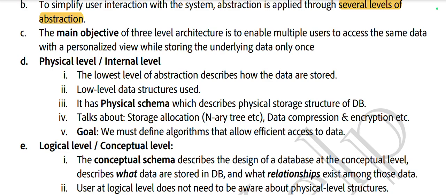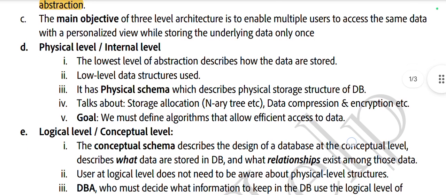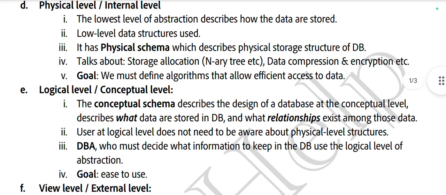We use different algorithms for data compression, hashing algorithms for password hashing, different data structures for storing the data, and different searching algorithms. All these are done in the physical level, the internal level of schema. And second is the logical level or conceptual level.